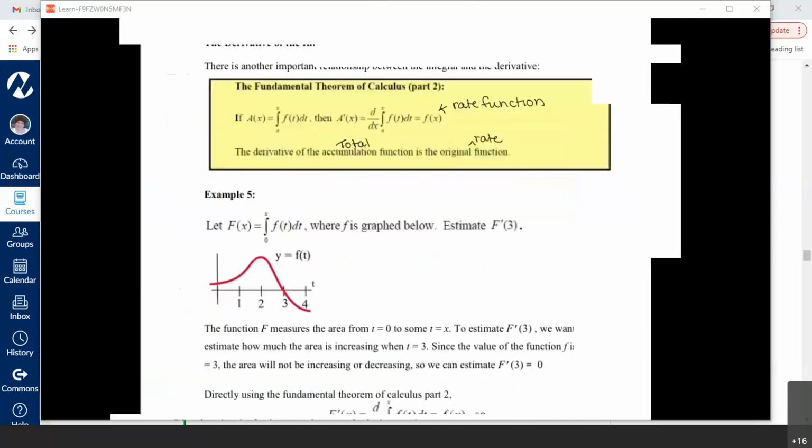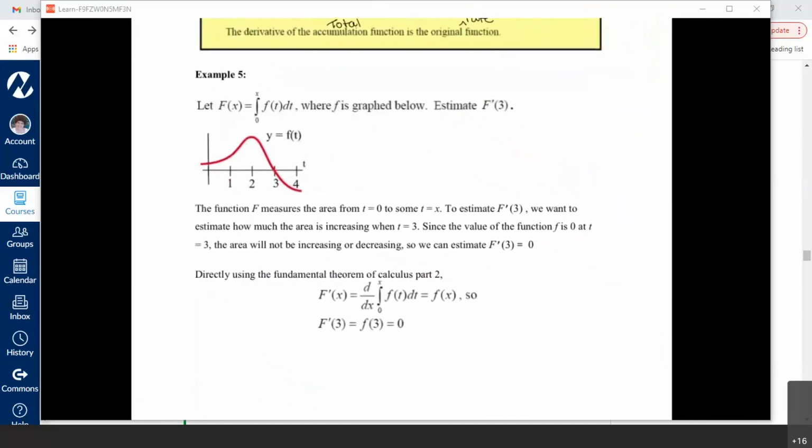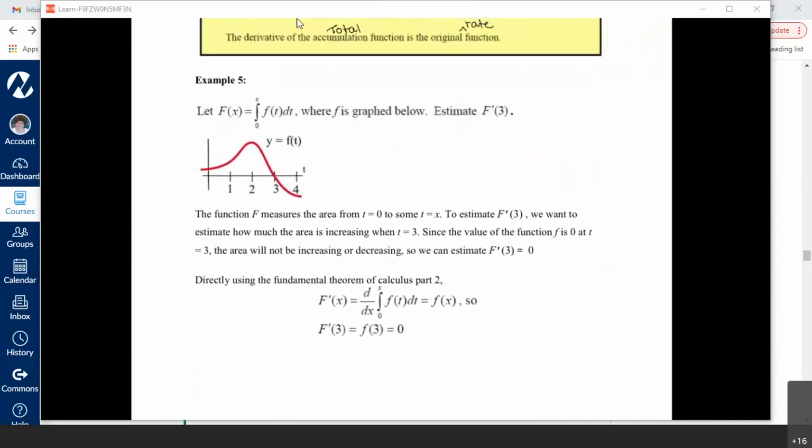Okay. Let's take a look at another example. Here we have a rate function f of t, and we're saying let capital F of t be the integral of that, and they want us to estimate F prime of 3. Basically they're saying the function capital F measures the area from t equals 0 to some x value.